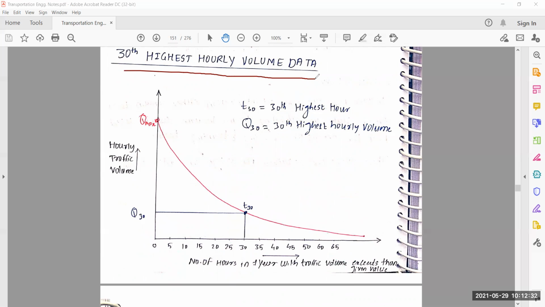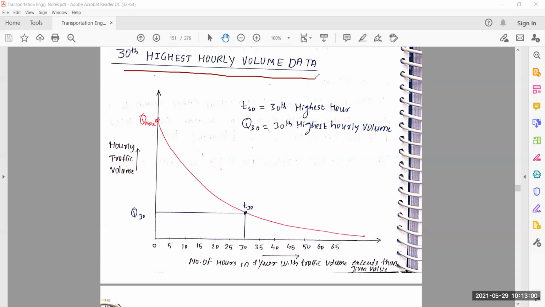Basically from the 30th highest hourly volume data, we see the traffic volume is not constant throughout the year. It will vary hourly and on a daily basis. So if the design of a road is done for the highest or peak hourly volume of a year, it would be highly uneconomical.